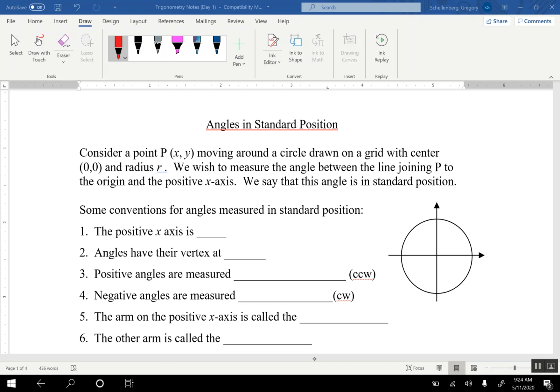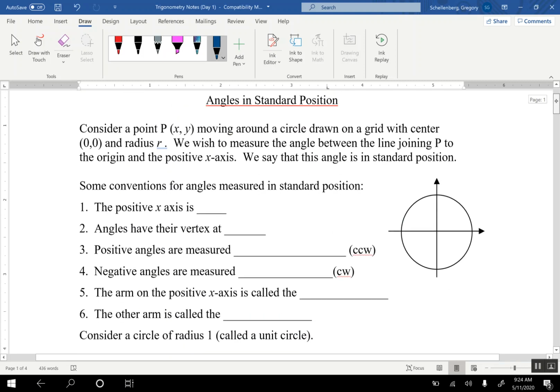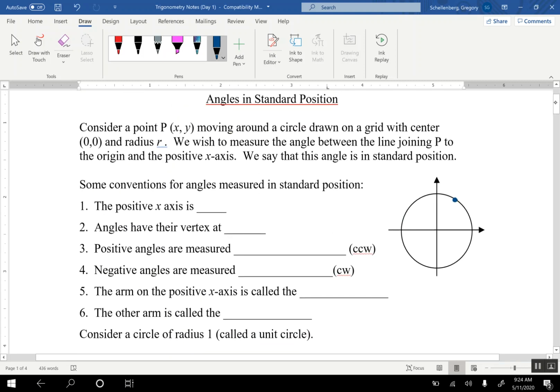So consider a point P with coordinates x and y moving around a circle drawn on a grid with a center at 0, 0, the point of origin, and a radius of length r. So let's do this right here. I'm going to call this point P, and it has some x and y coordinate.